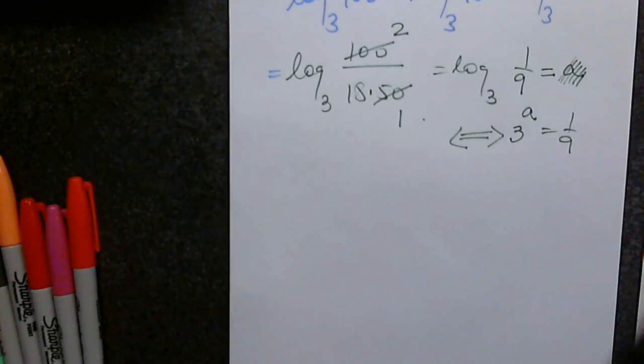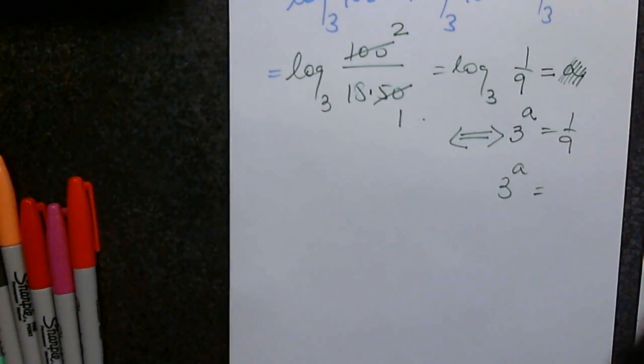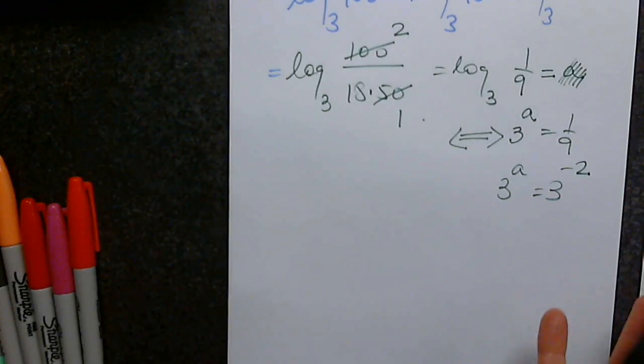Let's say we cannot. So the left-hand side is very simple. There is nothing I can do to it. But now I have to think of how to change 1 over 9, if possible, with base 3. 3 to negative 2. Very good. 3 to negative 2 is 1 over 3 squared, which is 1 over 9.